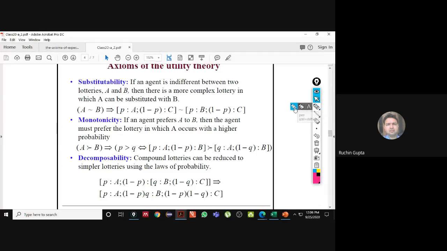Then we have another rule that is called the substitutability.